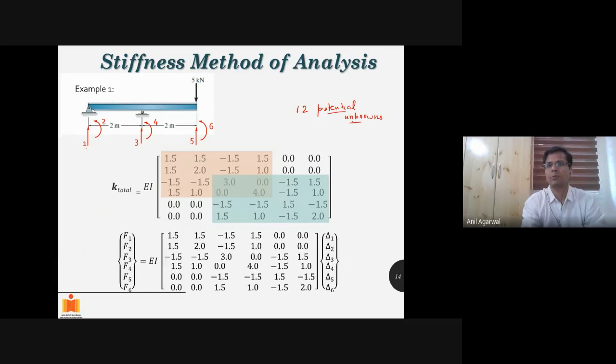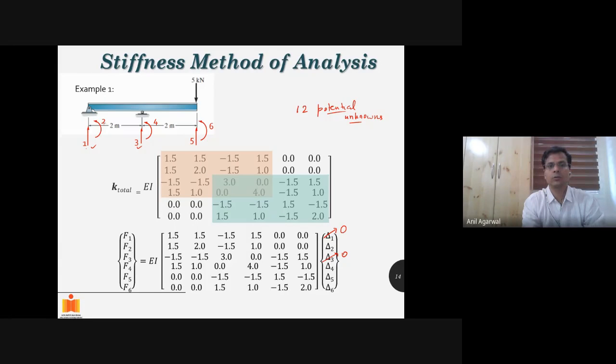Out of which, how many are actually known to us? Delta 1 is known, correct? Delta 3 is known. How much is delta 1? 0. Delta 3 is known, that is also 0.